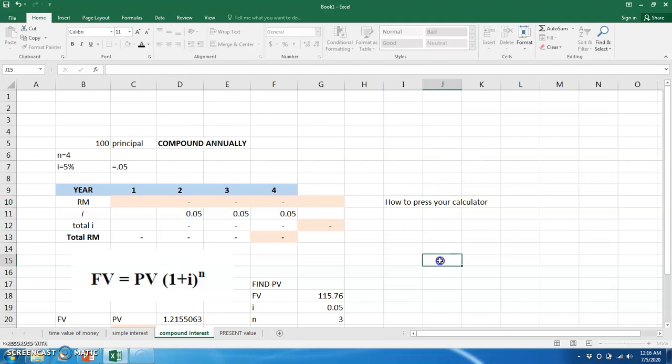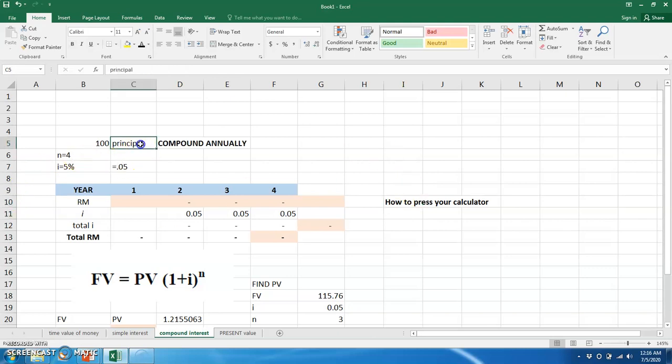Because I am using Excel, it is faster, but in the exam, you cannot use Excel. You must use a calculator, and you have been using that calculator for other subjects like statistics and accounting, so it'll be very easy for you.